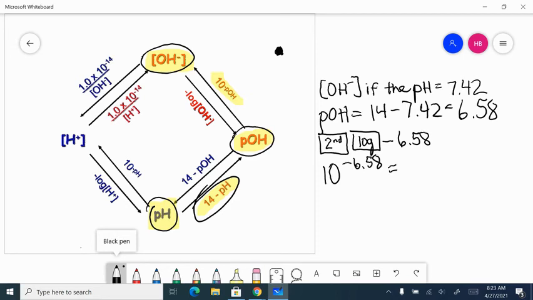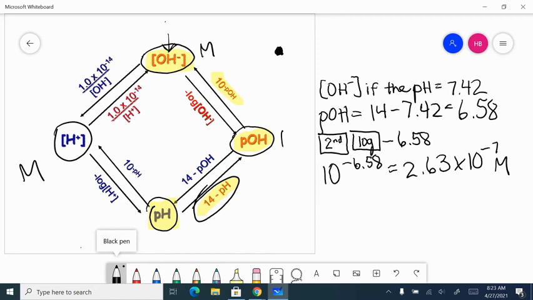And when I press enter, I get 2.63 times 10 to the minus 7 molar. Remember, the guys that have the brackets around them, that's concentration, and the units are going to be molar. pH does not have any units, so only these two guys will get units.